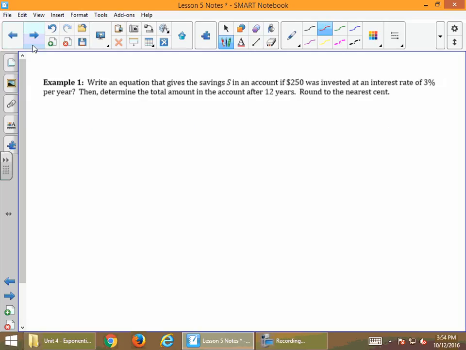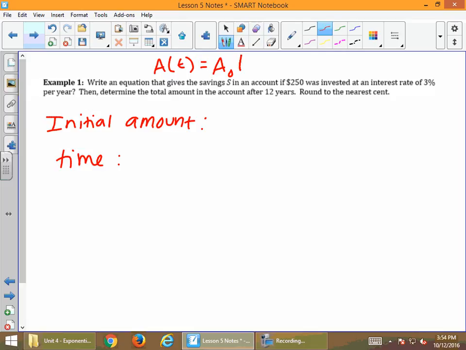Okay, so we need to know our initial amount, our percent as a decimal, and time. Okay, and again we're using this equation. Adding interest, so we're going to add our percent as a decimal. Our initial amount, we start out with $250.